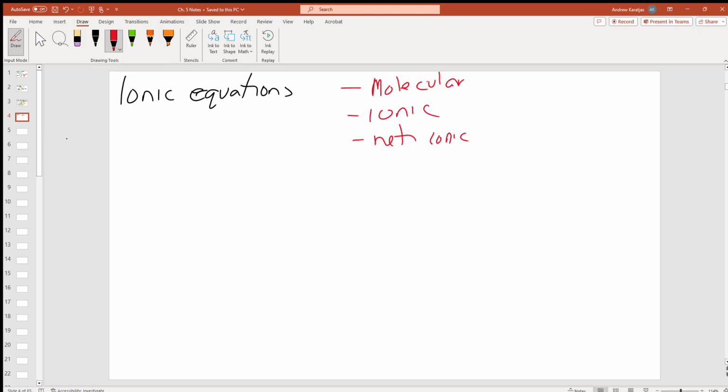So we're going to start with the reaction of lead nitrate and potassium iodide.